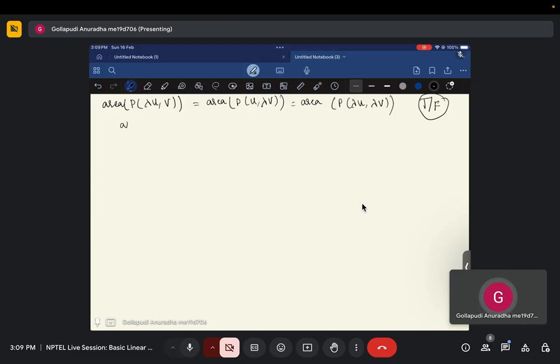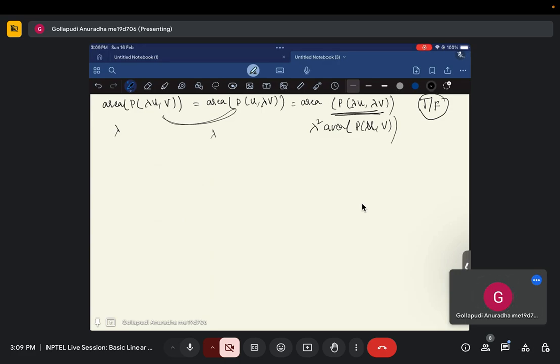Yes, the area with lambda u and lambda v has to be lambda square times the area of u and v. Here it will be lambda only, here also lambda, but here it will be lambda square. So that's not a true statement, it's a false statement.